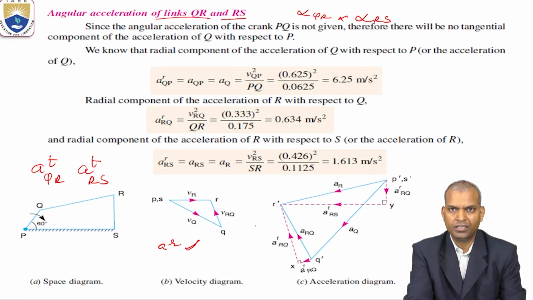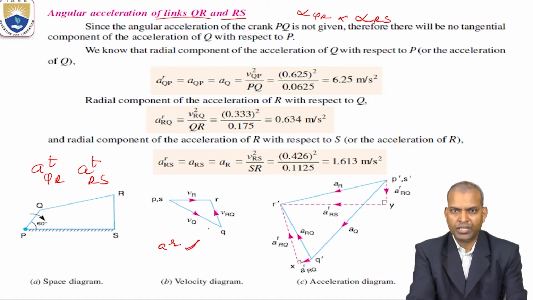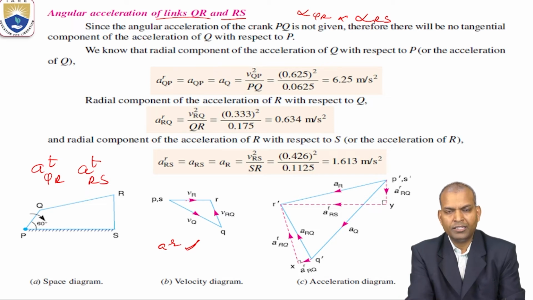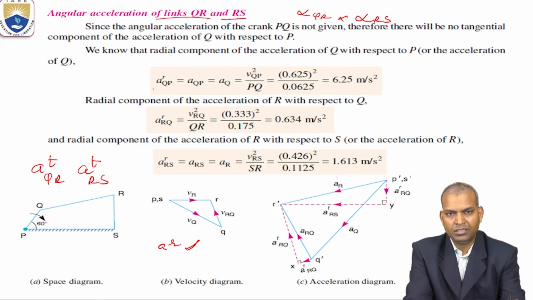Now we know the magnitude and direction of the radial components, but we don't know the magnitudes of the tangential components. But we know the direction of the tangential components of all the links, because it is normal to the radial components. That's it.